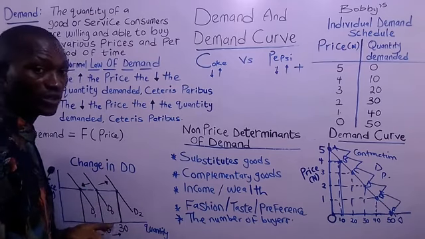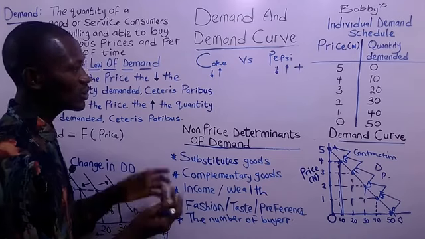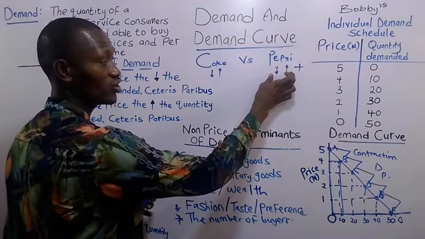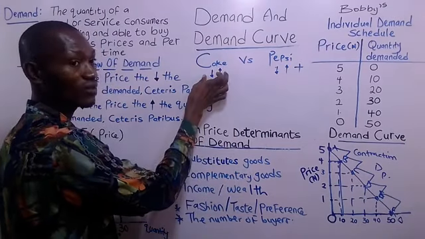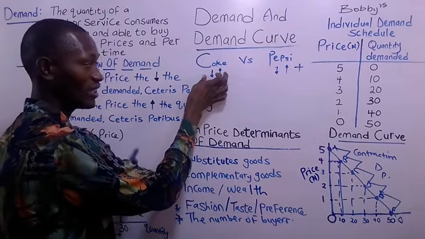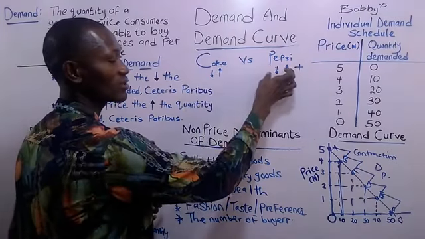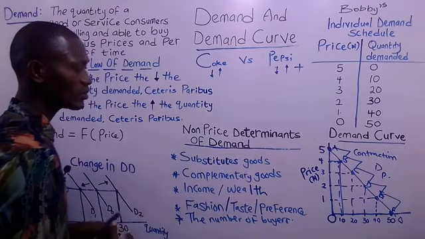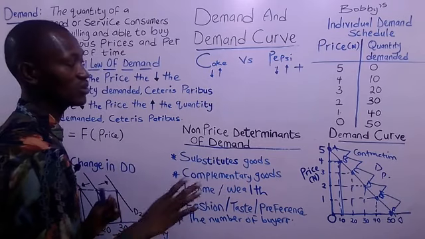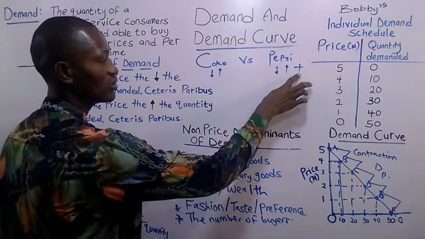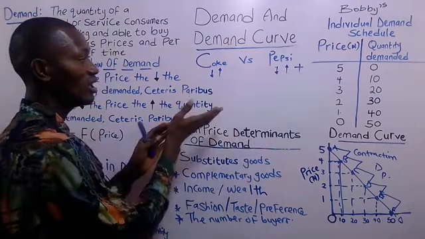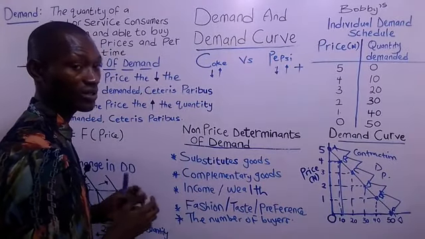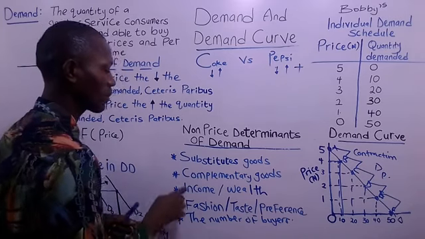You can see here, the price of Pepsi does not change. It is the price of Coke that changed, and as a result, the demand for Pepsi also changed. That's with respect to substitute goods.